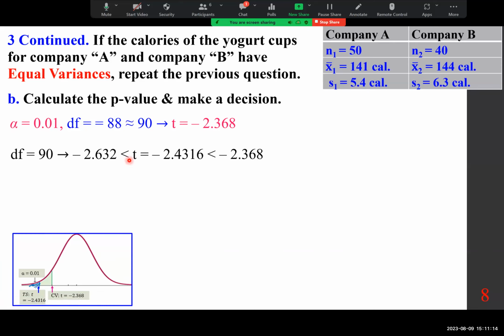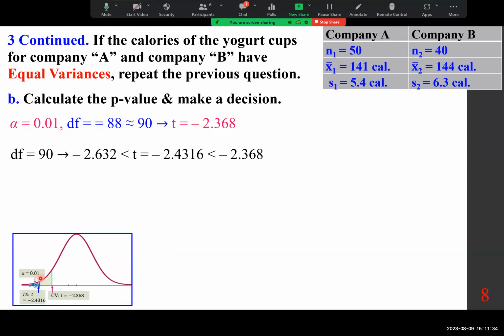Degrees of freedom is 90. So the t-value is between these two. And the area in one tail, again, limitation of a table, we don't have this value in there, but understand we are looking for the area to the left of that.